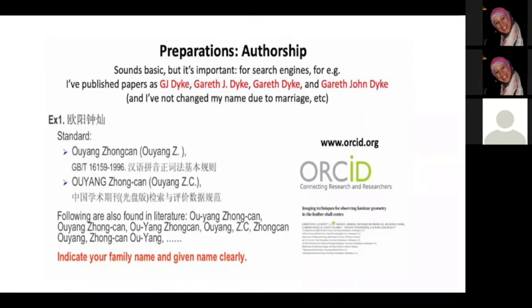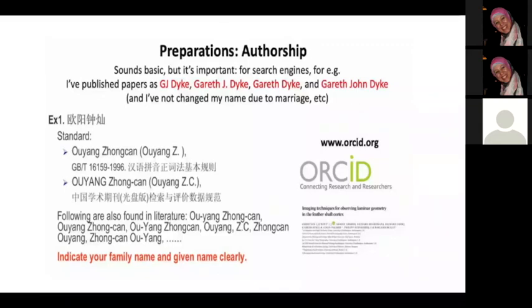And I've not even changed my name due to marriage or something else. So just as one individual researcher over the course of my career, you'll find papers that I've published using 4 different forms of my name, which makes it hard for all of my research over the course of time to actually be associated with me.